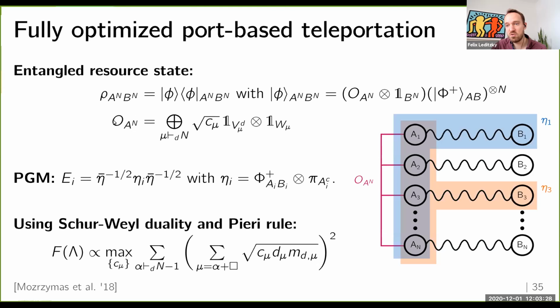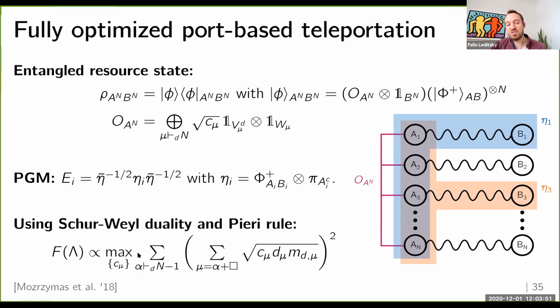It doesn't feature these O operators, but then you go through the same steps as I showed before. You again compute the success probability, and then the answer is very similar to before. You have the same kind of sum, only now you have these C mu constants appearing that parameterize this O operator.